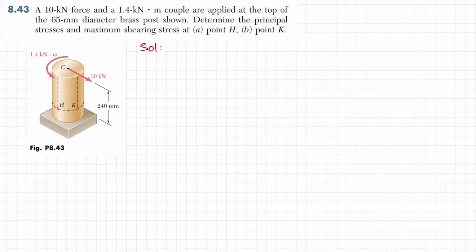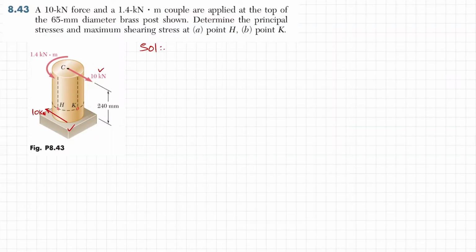Now you can see that if you take the reaction at this base, if you remove this support, there will be a shear force acting opposite to this 10 kilonewton force, equal to 10 kilonewton.